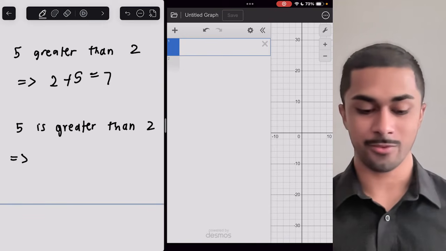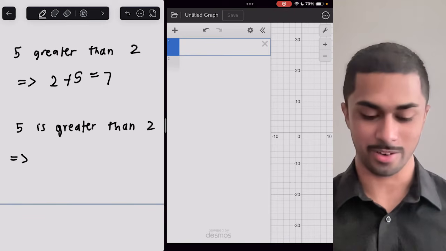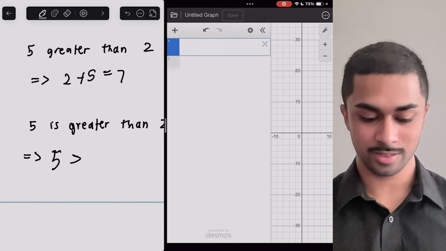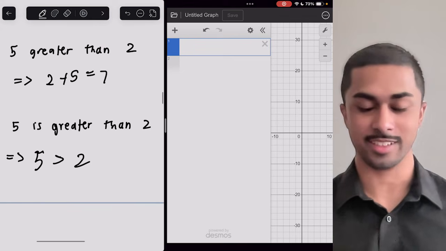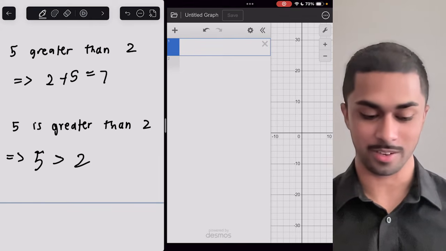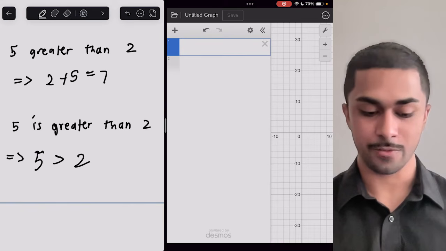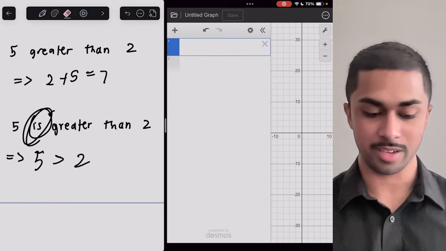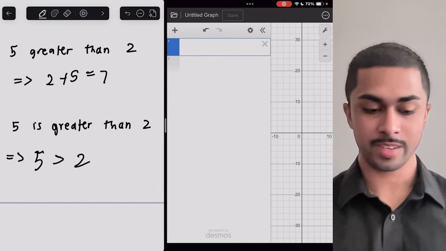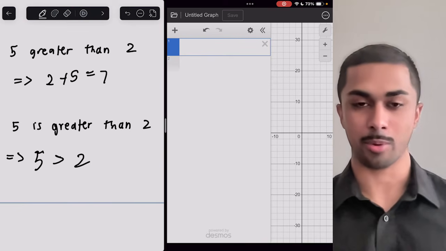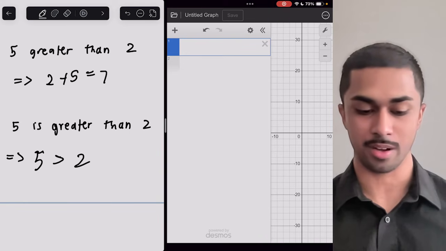But what is 5 is greater than 2? 5 is greater than 2 is like this. It's an inequality. The only difference is this word is. If you see this word is, that means this is an inequality. If you don't see the word is, that means it's an operation, like plus or minus.